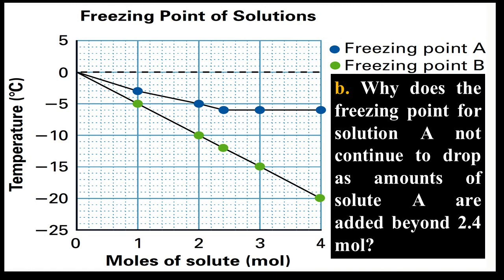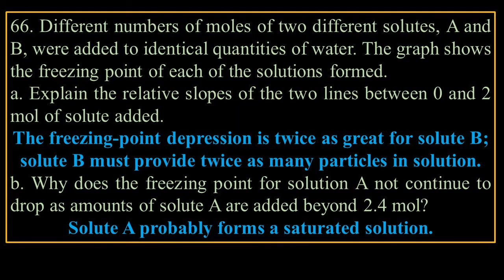So, a variety of things could be happening here. Let's read the question again. Why does the freezing point for solution A not continue to drop as amounts of solute A are added beyond 2.4? Well, the answer is this. Solute A probably forms a saturated solution, so no more A can dissolve.